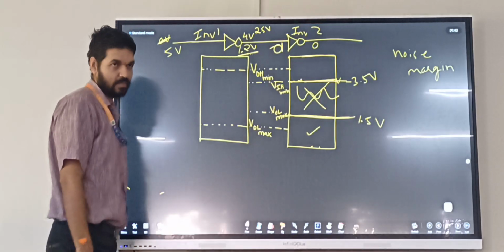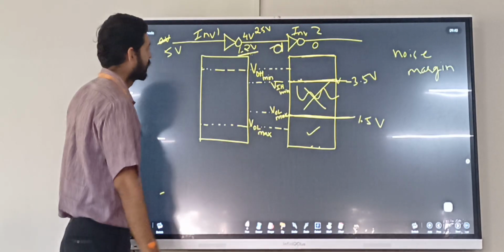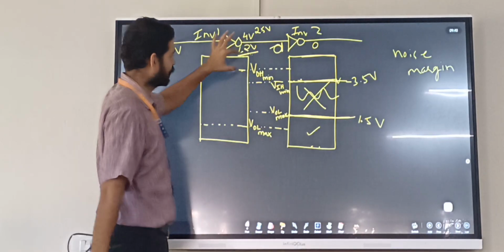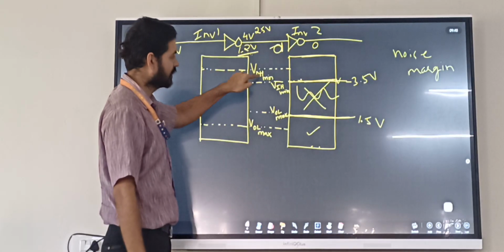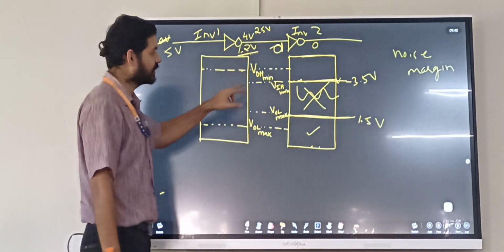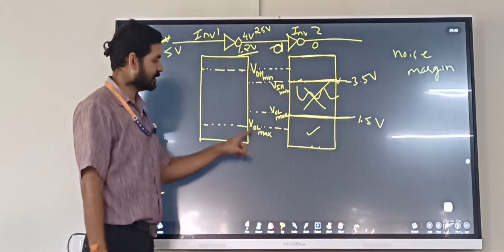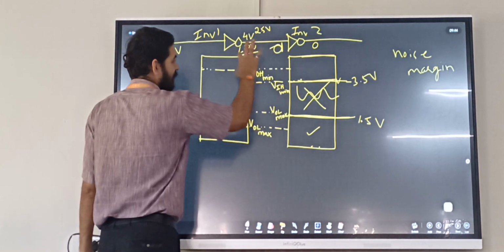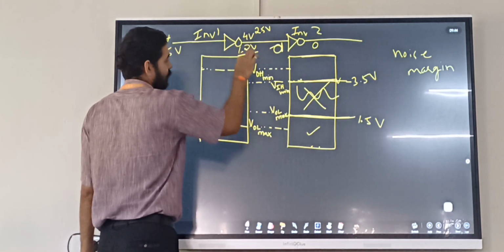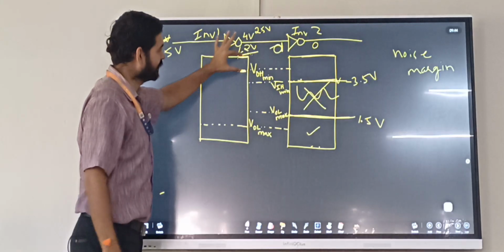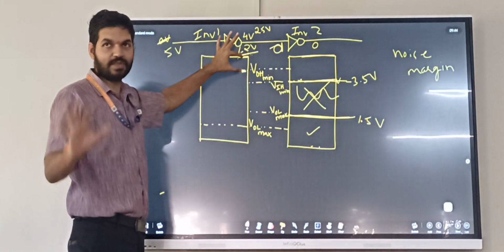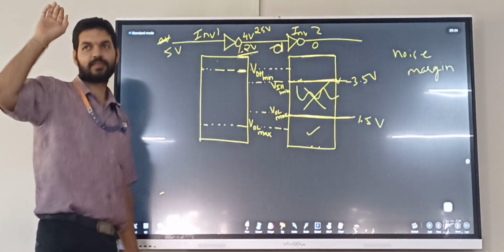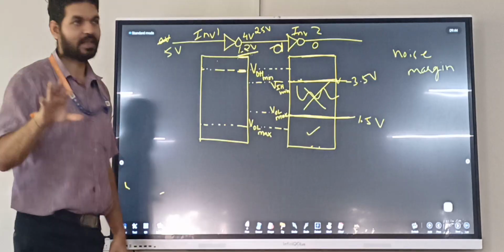So what we are saying is, the output from the first circuit, if it is high, O means output, H means high. A minimum amount of signal should come from the output. Actually 5 volts should come. If we are expecting high, then we expect 5 volts.